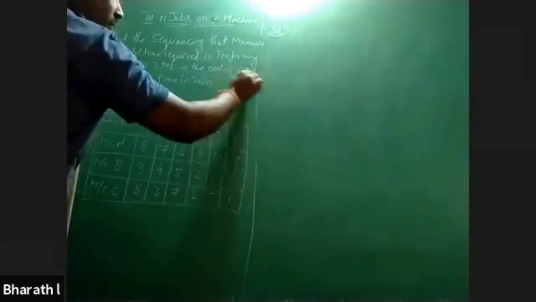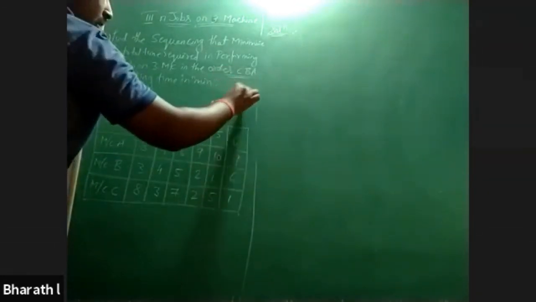Important from exam point of view. Find the sequencing that minimizes the total time required in performing the jobs on 3 machines in the order C, B, A. The processing times in minutes are given, and there are 6 jobs on 3 machines.